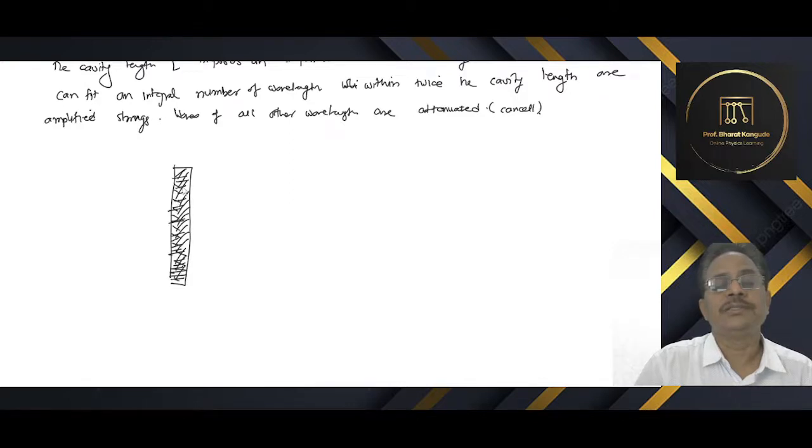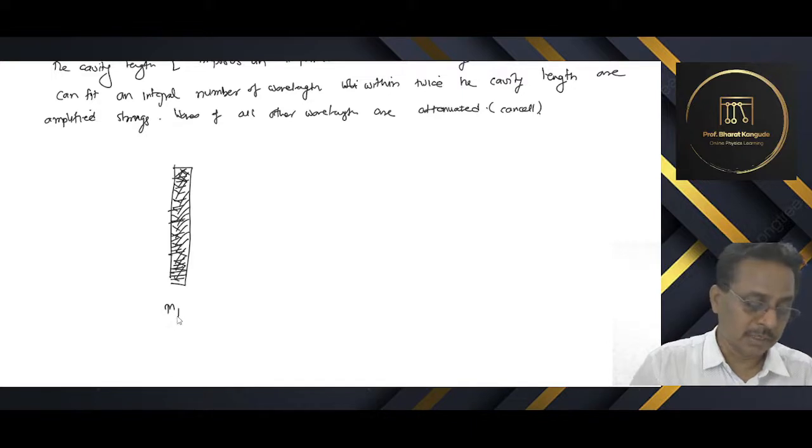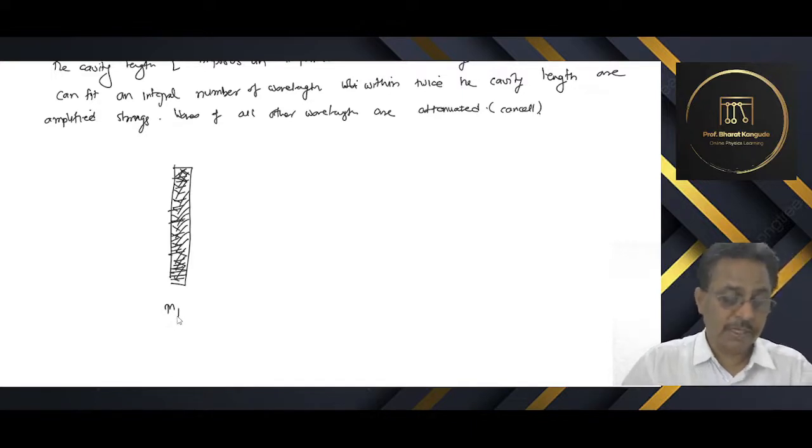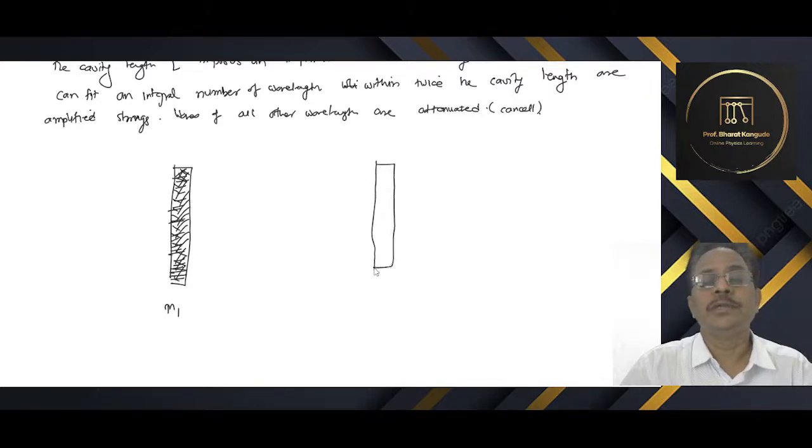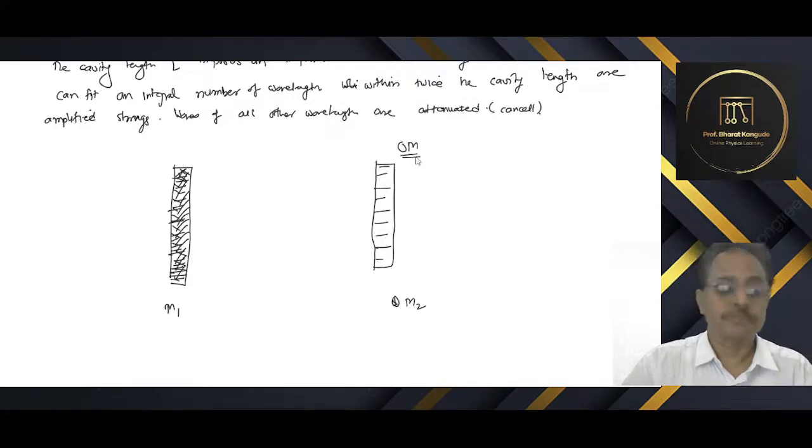This mirror is M1, so it is completely reflecting the waves. And this second mirror is partly reflective and partly transmitting. This is called the output mirror, M2, or sometimes OM. Now this is the length L.